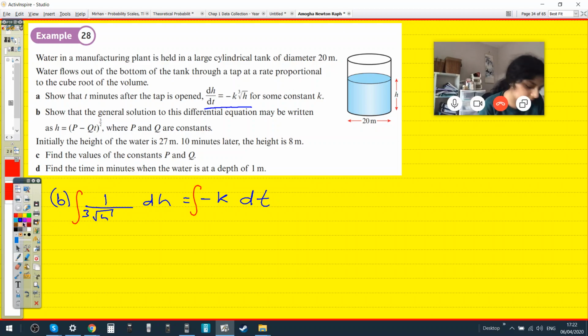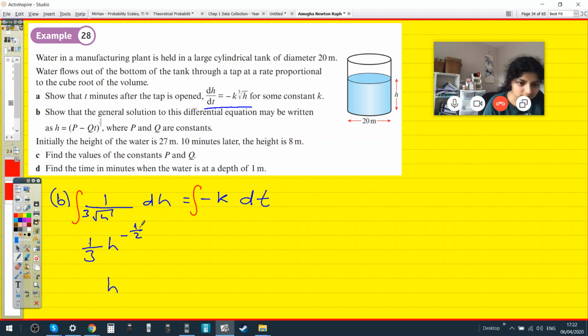So when you integrate that, wouldn't you have h to the power of 2/3? Wouldn't you have 3h to the power of 2/3 over 2? Is that what you'd have on that?